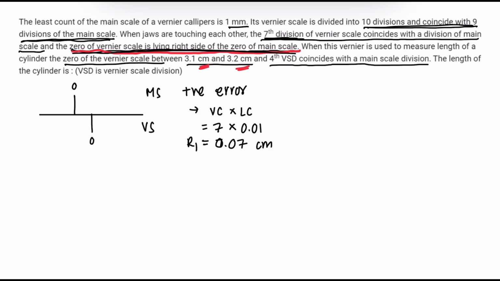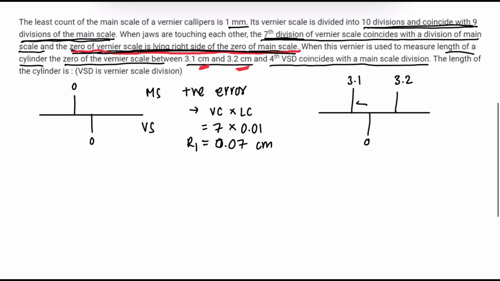Now, when the vernier is used to measure the length of the cylinder, the 0 of the vernier scale is between 3.1 and 3.2 centimeters. Let's say this is 3.1 and this is 3.2. Our vernier 0 is somewhere in between. Whichever one is on the left side of the vernier 0 is our main scale reading, so our main scale reading is 3.1 centimeters.